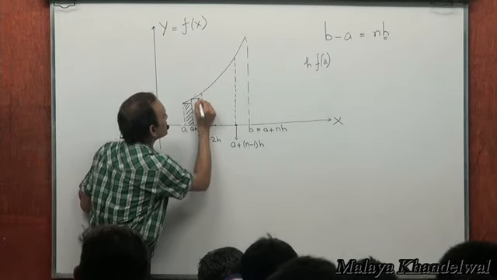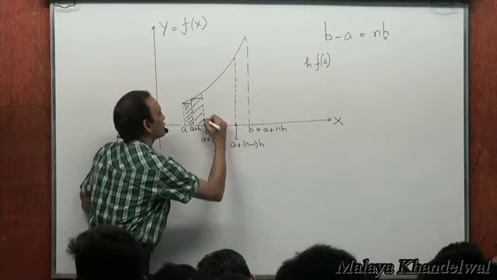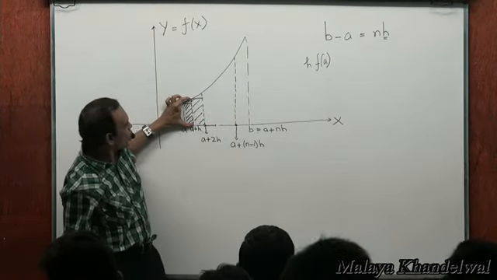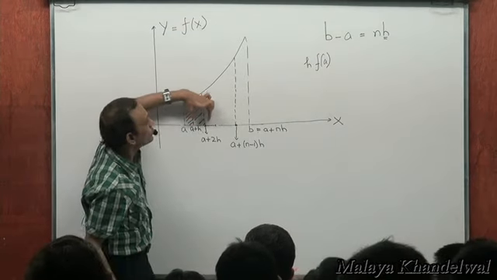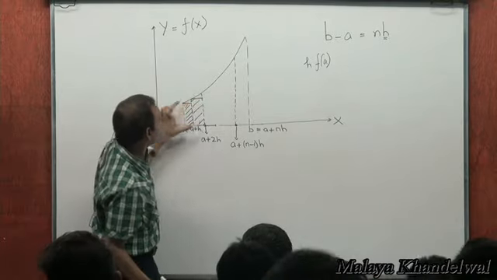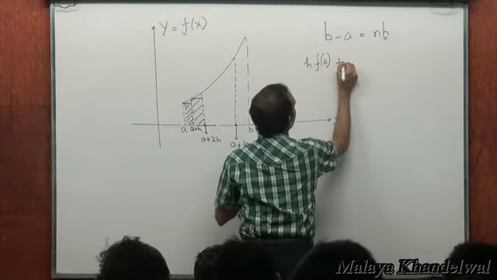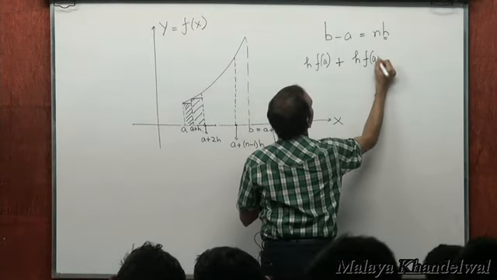Then look at the next rectangle. This rectangle. This ordinate that you witness here is f(a plus h). So the area of the second rectangle that you see here is going to be h into f(a plus h).